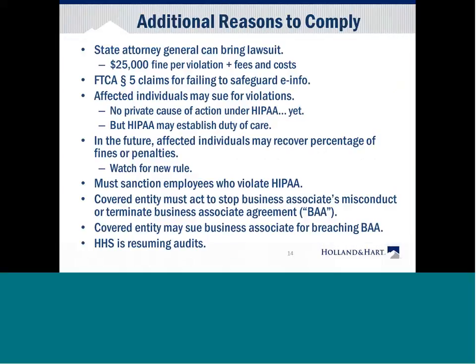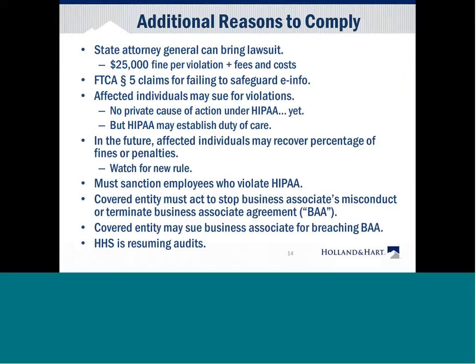We won't go into all of those, but in addition to the civil penalties, there are additional reasons why you need to make sure you're complying with HIPAA, including state attorneys general can bring lawsuits and recover a $25,000 fine plus fees and costs. In addition, this is actually a new issue that's come up. Well, it's not all that new, but I wanted to call it to your attention.